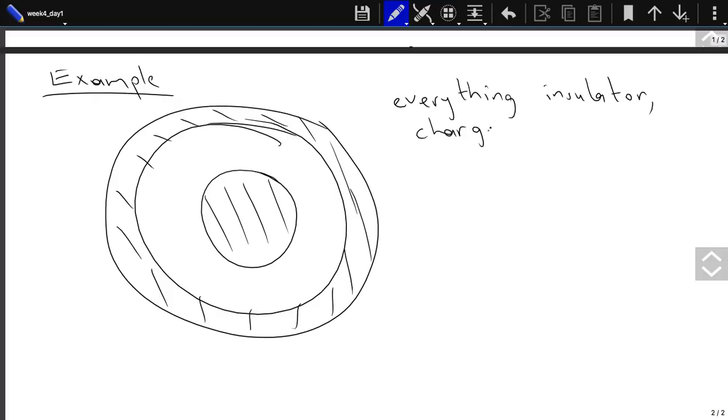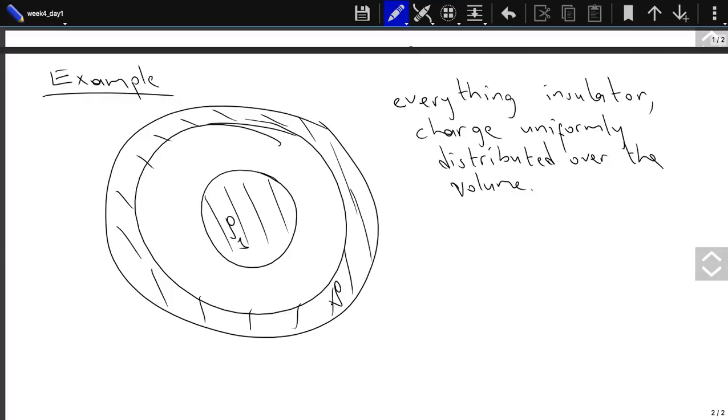Charge uniformly distributed over the volume. And you can have the charge density is, let's say, rho 1 here and rho 2 over here. Then, of course, this becomes a more complicated example, but the basic principles are still the same.